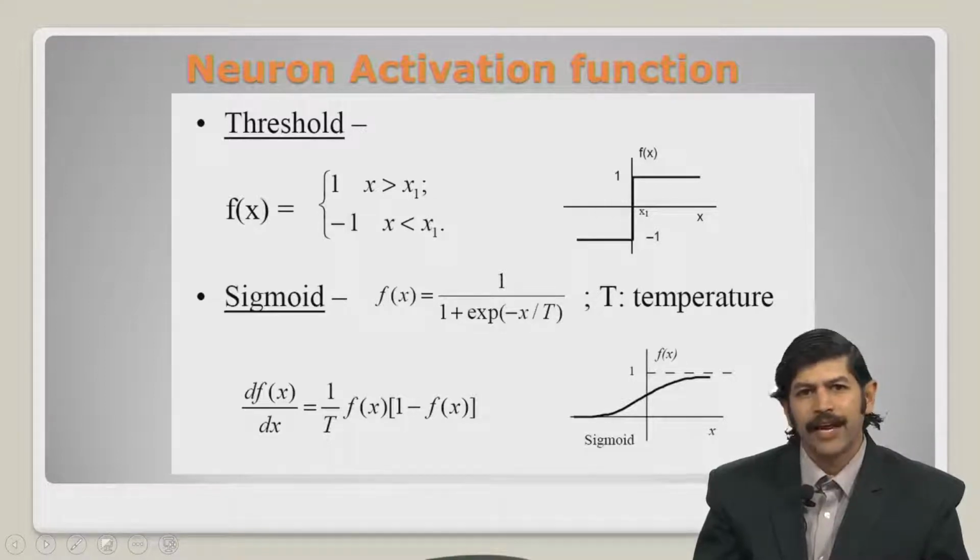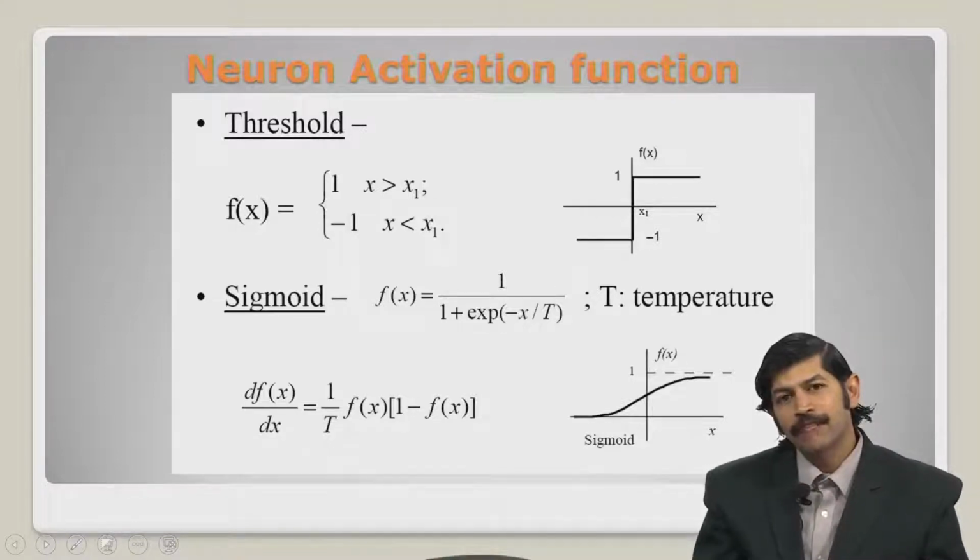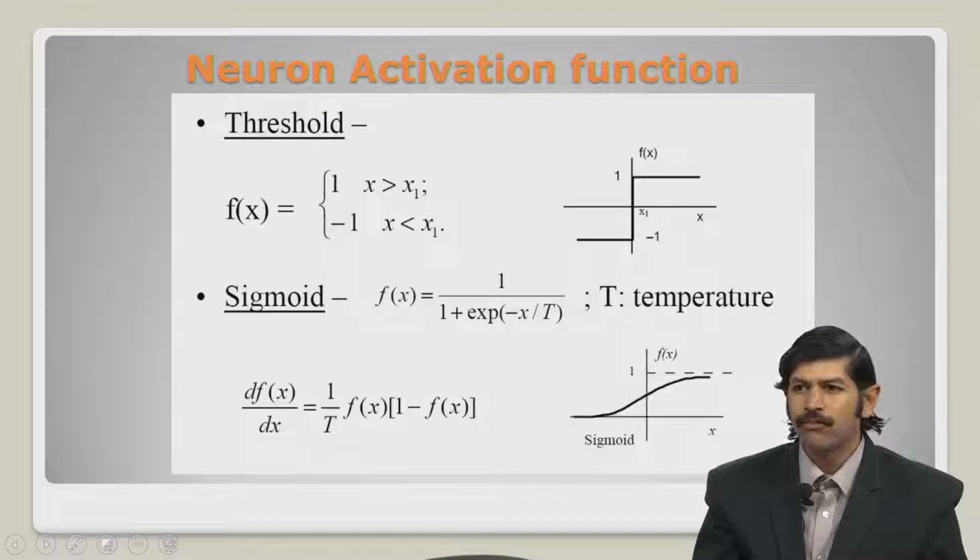As simple as that. The second type of activation function is what is known as the sigmoidal activation function, and when we talk more about backpropagation systems, at that time we'll talk more about the sigmoidal activation function. But to begin with, we'll typically make use of the threshold activation function.